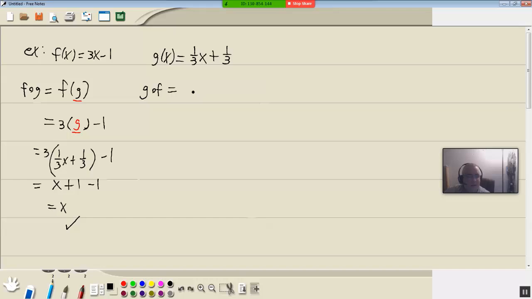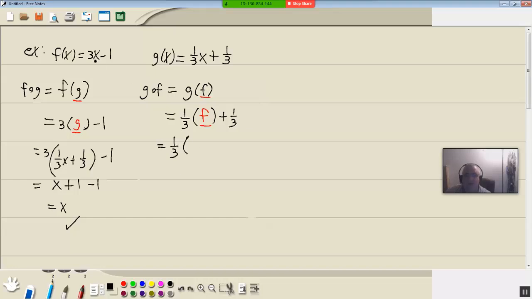Now going the other direction, composition of g and f, that's g of f. So I'm going to take my g of x, which is 1/3 x plus 1/3. Where my x was, I put in a parentheses. And whatever's inside the parentheses right here is automatically what you're going to put in here, so I'll put f in there.